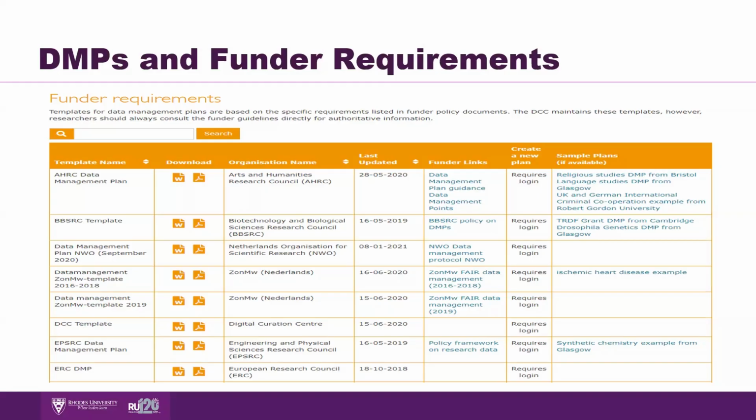So if you're being funded by the first funder on that list, the Arts and Humanities Research Council, you can simply click either the Word document or the PDF document, and you'll be able to get the funder requirements for that specific organization.